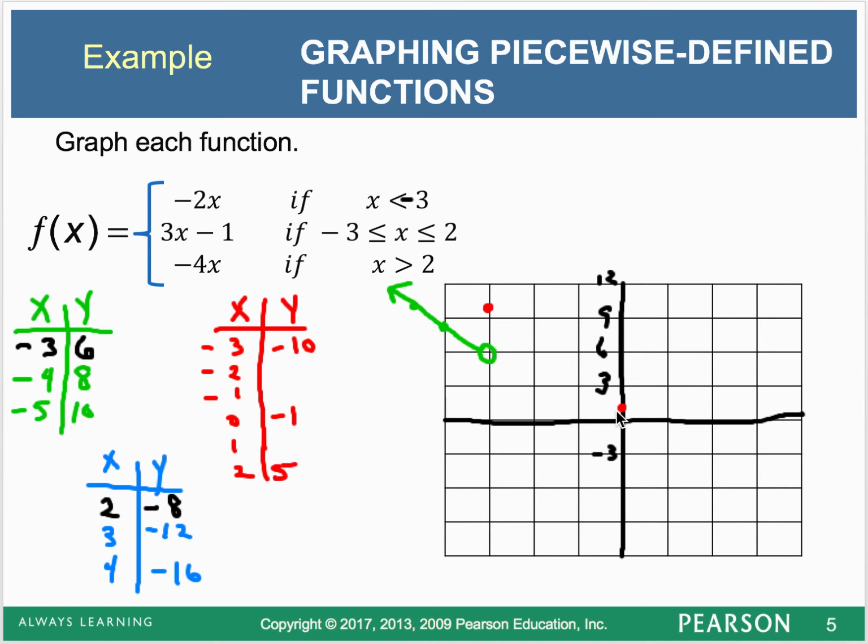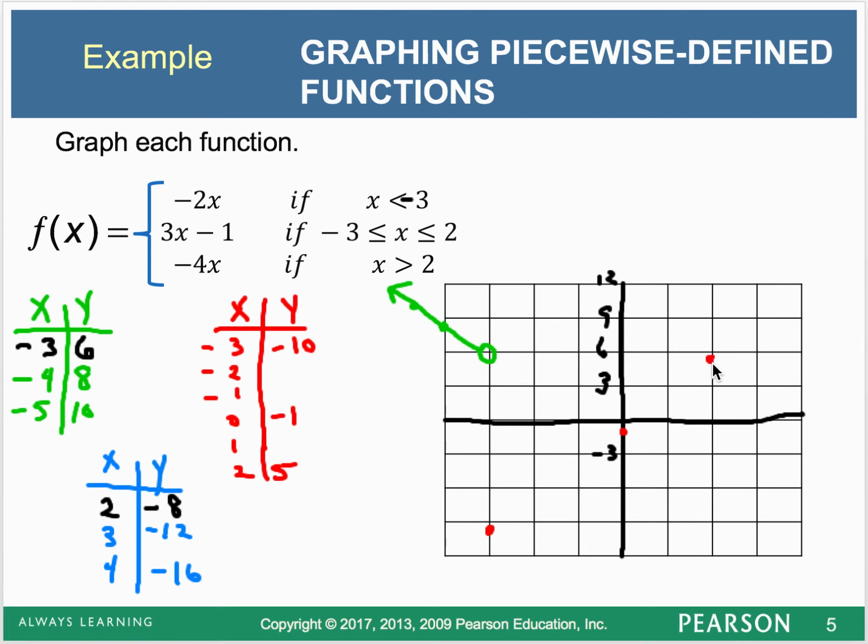Wait. Negative 1 and negative 10. All right, so negative 3, negative 10. 3, 6, 9, negative 10. 0, negative 1. And 2, positive 5.